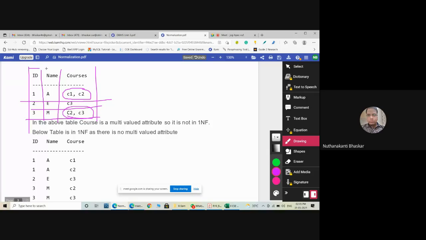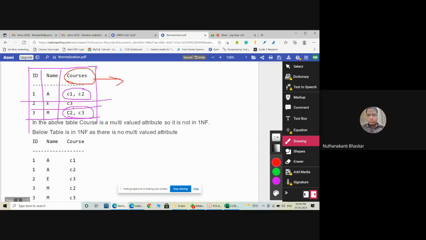No, sir. Why? Which attribute is violating the rule? The courses attribute is violating the rule because it is accepting multi-valued values. So we need to convert this relation into first normal form by adding some more columns.